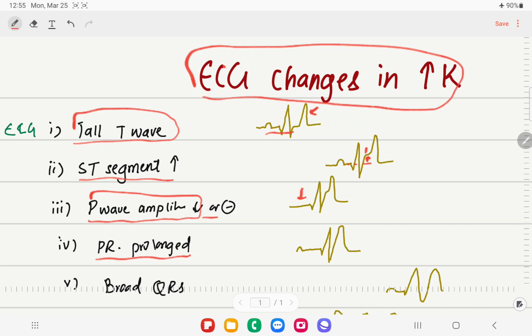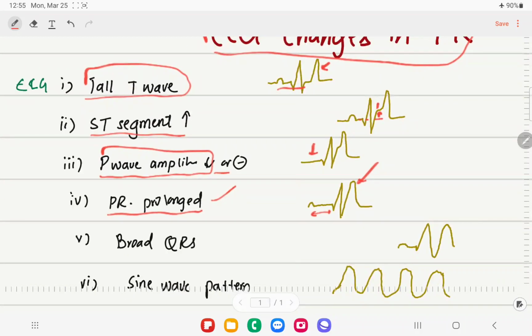Whether it is hyperkalemia or hypokalemia, in both of these we're going to see PR interval prolongation, right? If it is more than 3.3 to 5 small scales, we say that it is prolonged. Along with that, you can see ST segment elevation and a hyperacute T wave, right?